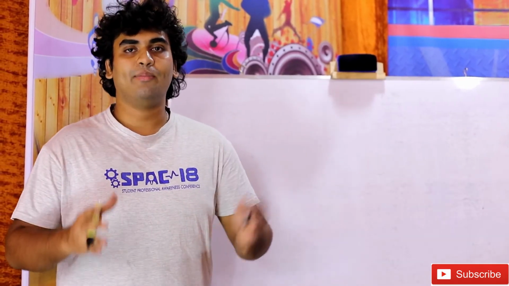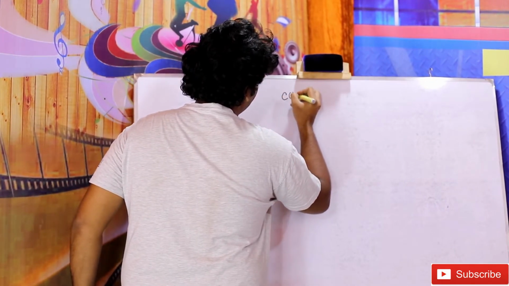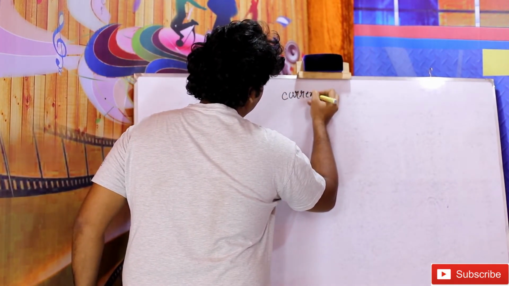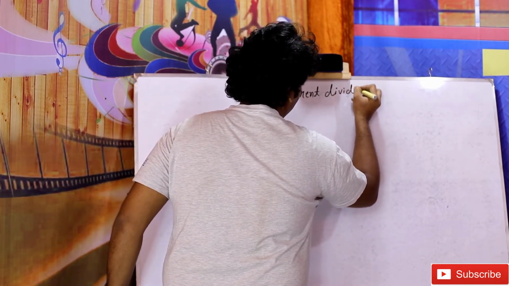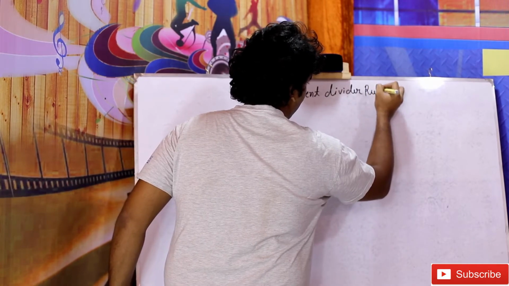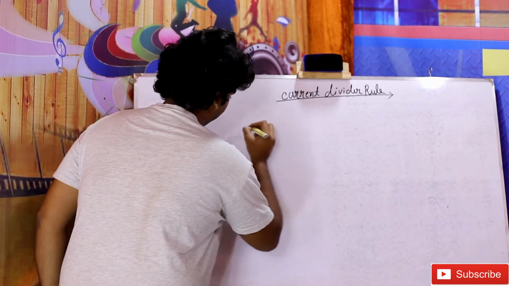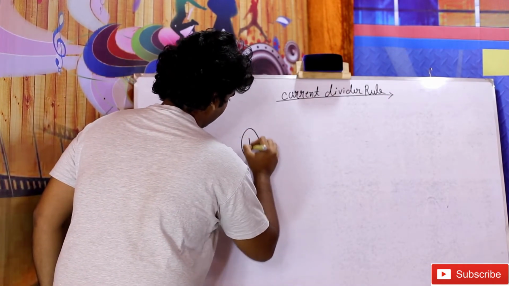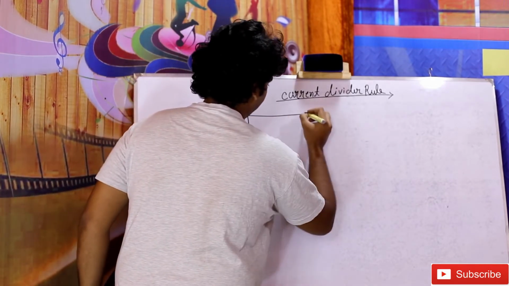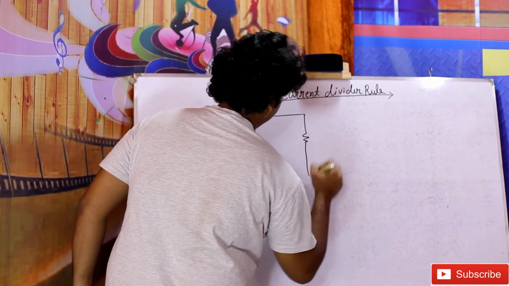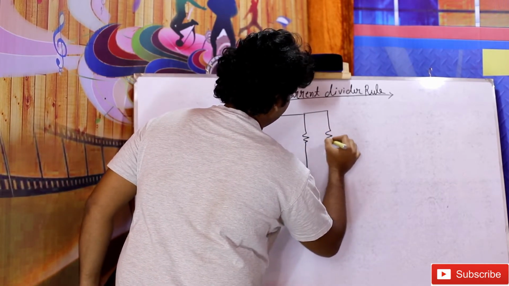Now let us draw the parallel circuit. This is a current source, and there are only two branches.